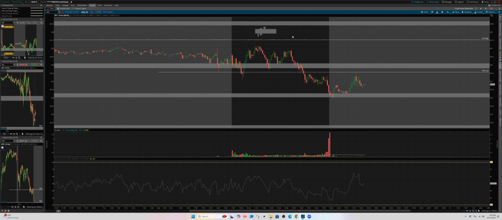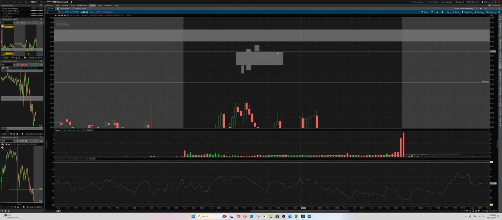This is not something I would look to be taking right here. If we come into a key area like that, and our upside entry is presented right below it, I'm not looking to enter that, because essentially you're fading into a key area, even though an FVG is being presented.